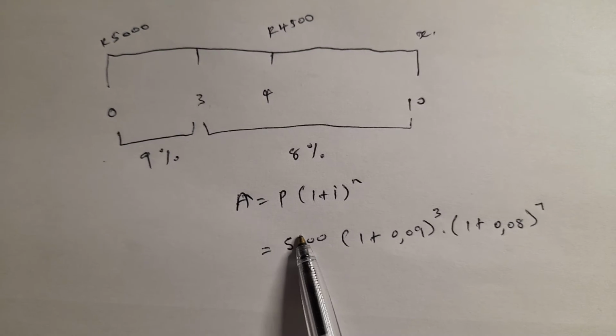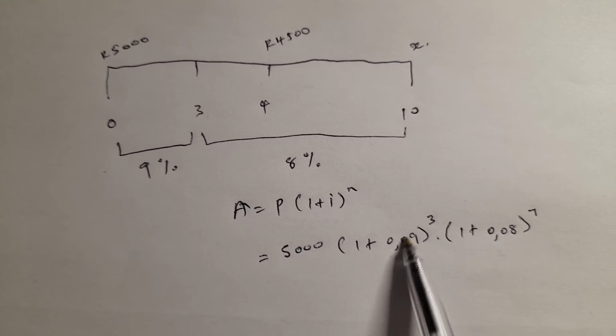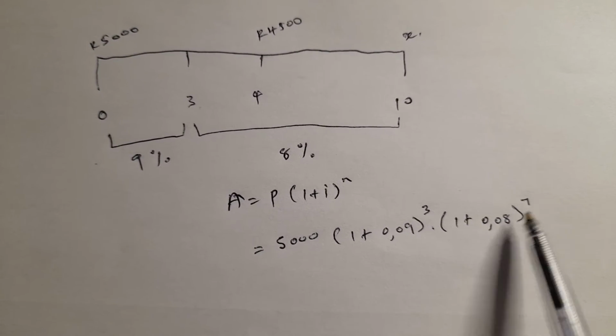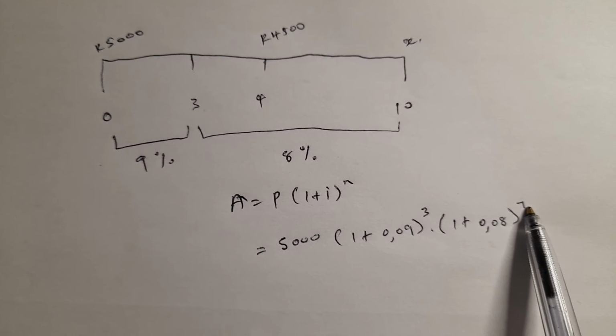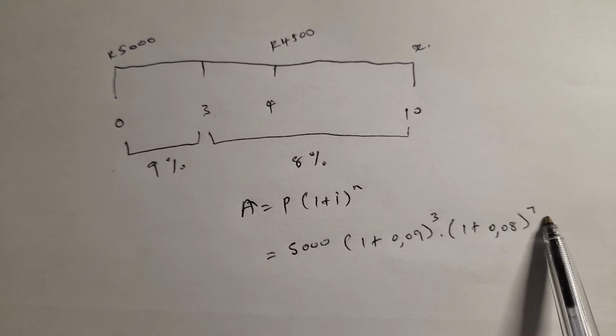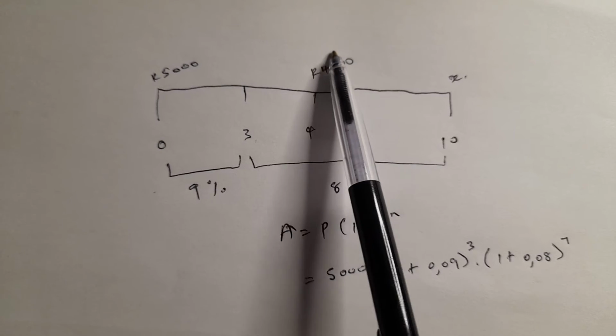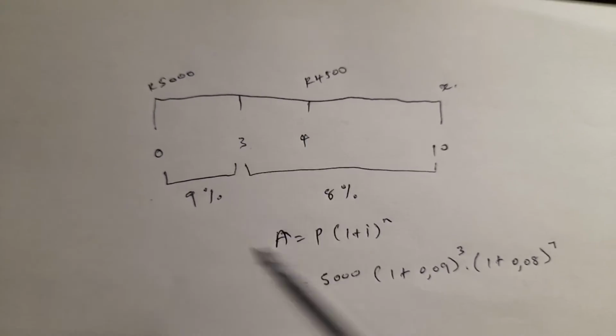The person put 5,000. The money was compounded at 9% for the first 3 years and 8% for the remaining 7 years. But there's something else he did here. That person decided to deposit an extra 4,500 in the 4th year, right?